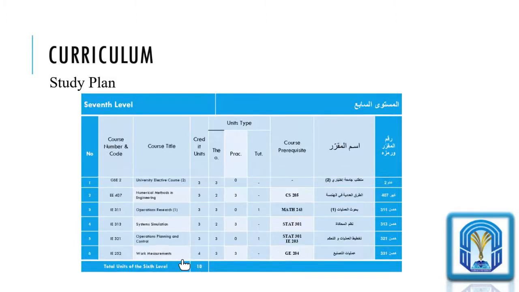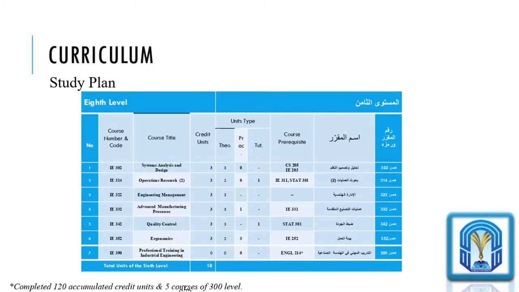And in the previous semester there are also another 3 courses of 300 level: OR 1, simulation, operation control, and work measurement, which are 200 level. So you have to finish 5 of them with 120 credit hours, in addition to the college requirement of English 214. If you have completed those, you will be eligible to take the field training.